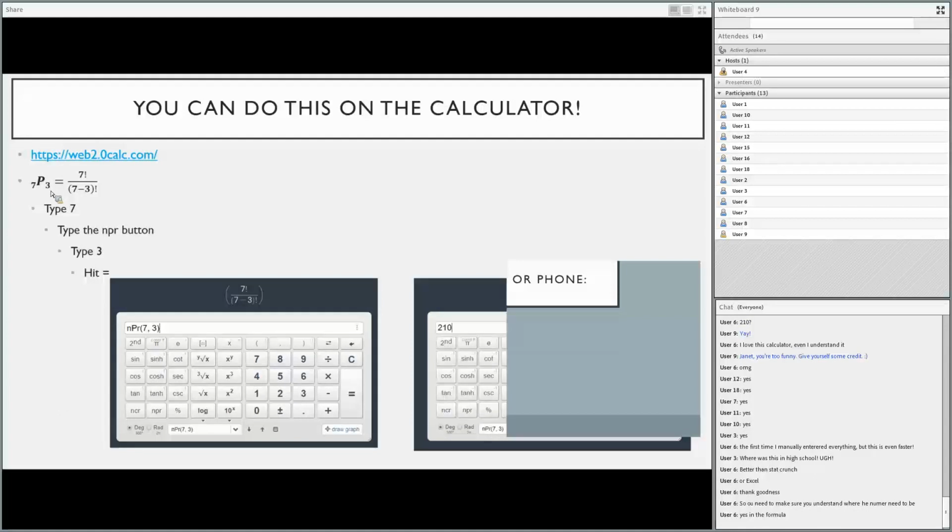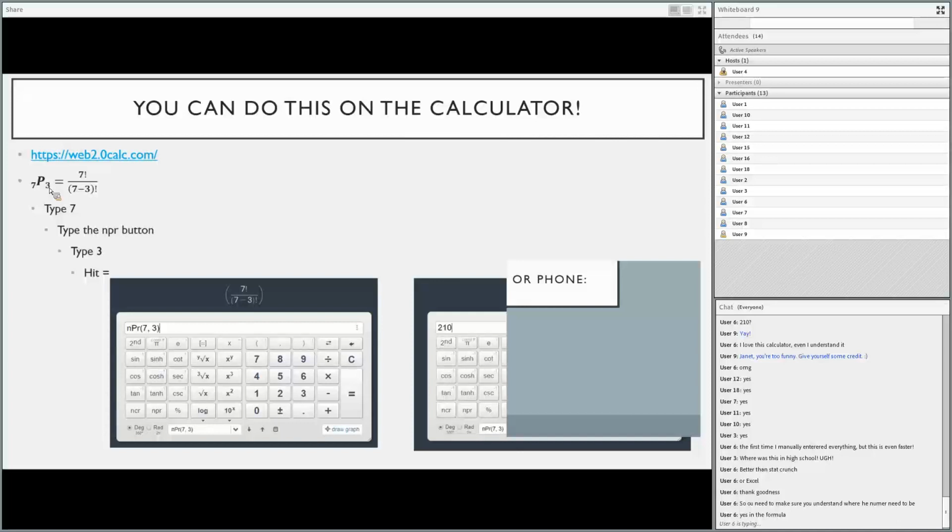Basically the bigger number is always going to come first because that's the total number you're picking from, and then the smaller number, the smaller group that you're choosing, always comes second. So it's always biggest number first, smallest number second. And yes, in the formula it matters. If you accidentally switched the 3 and the 7, it would get all messed up because then you'd have a negative number in here and it would be all bananas. So just remember, bigger number first, smaller number second in the calculator.